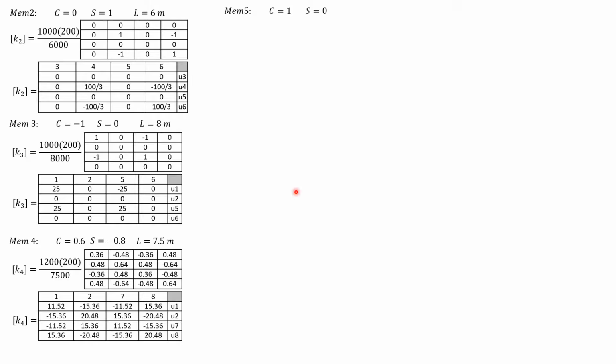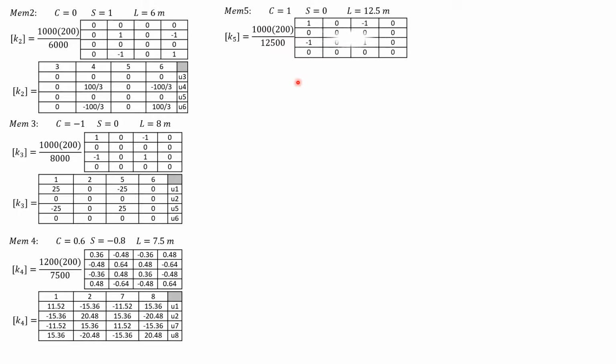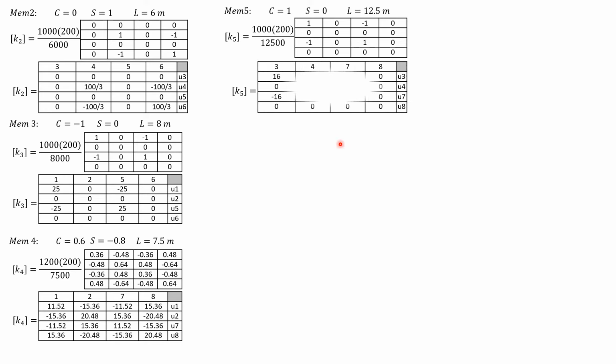Number 5, cosine is 1, sine is 0, length is 12.5 meters. So K5 is equal to area E over length times 1, 0, negative 1, 0, and CS 0, S squared 0, their negatives, and copy, copy. Then distribute the constant, and we'll have 16, negative 16, and negative 16, 16.